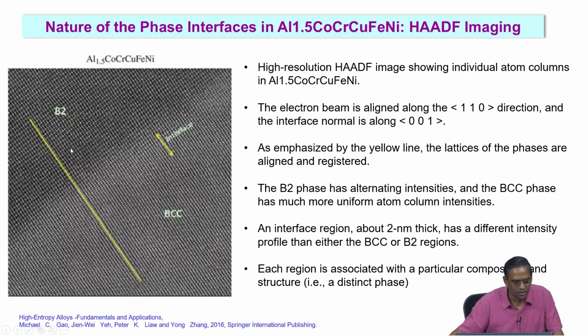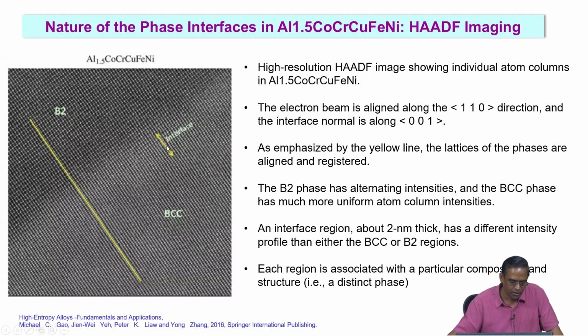You can see that there is a bright line, all the bright spots, and then immediately after that there is a dull spot, and then again bright, and then again dull. So you have two different elements, the atomic scattering factor is different, so accordingly they will appear like that.